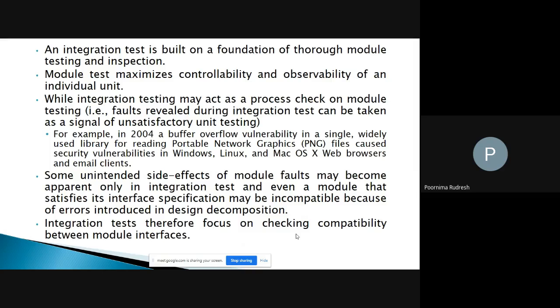And it is very difficult, and may not be cost effective, to anticipate and completely specify all module interactions, because if you consider the entire project, n number of modules will exist, and defining the interactions between these modules is a tedious task, or a complex task, we can say.